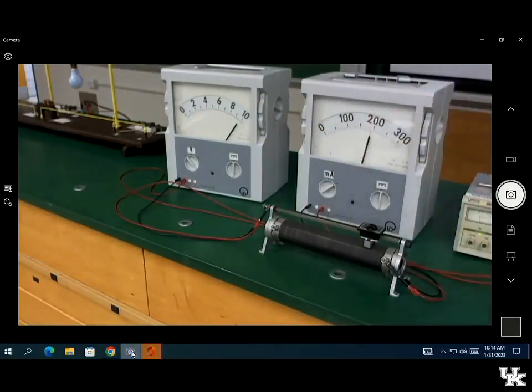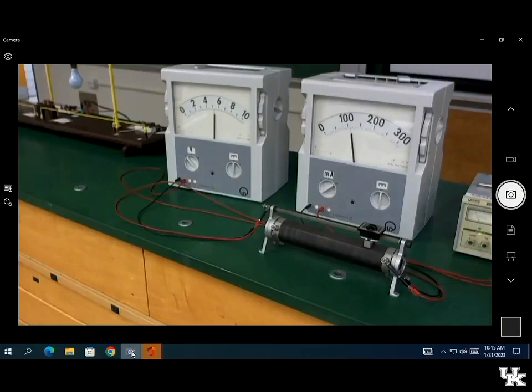So what you're seeing right now is 10 volts across the resistor, and 200 milliamps of current through the resistor. Now I can change the voltage. So let me go down to about 5 volts. When I went down to 5 volts, we saw just 100 milliamps of current. So I halved the voltage and I've halved the current.